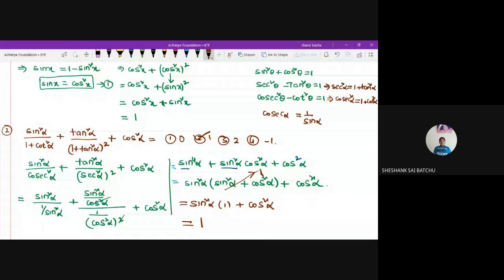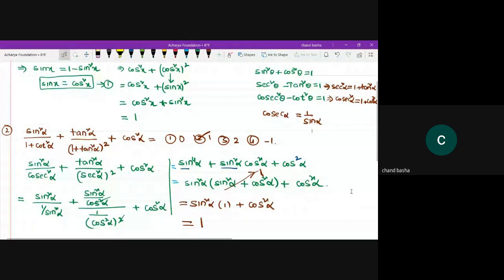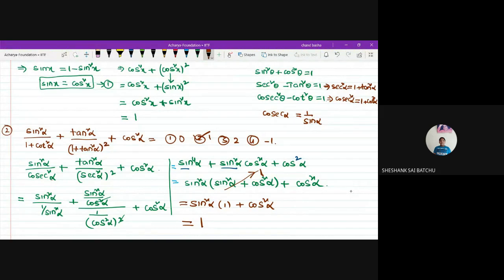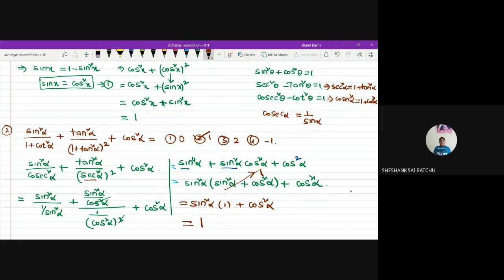Sir, can you explain from the third step? Where is this one? Sir, in the left side, the last step. What is meant by secant? Secant means 1 by cos, and 1 by cos whole square is written.